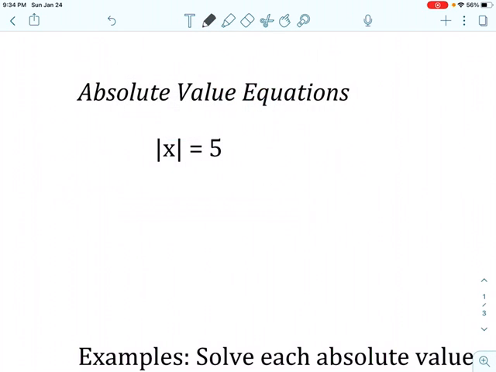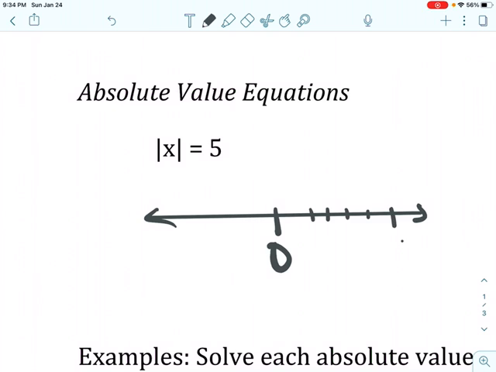So this particular expression is saying that the distance from 0, let's do a graph here. Okay, so here's 0. This particular one is 5 units away from that, but it doesn't always have to be in the positive direction. It can also be in the negative direction. So this guy inside here could be here or here.